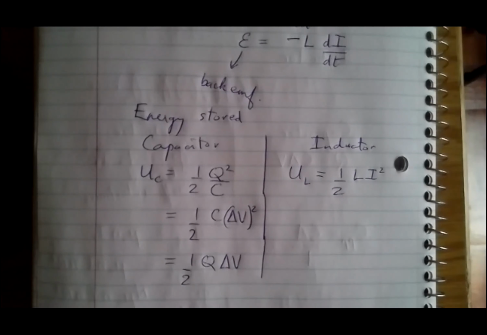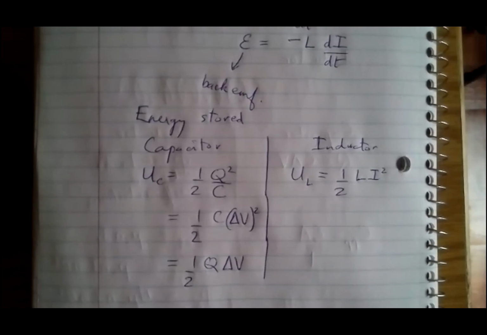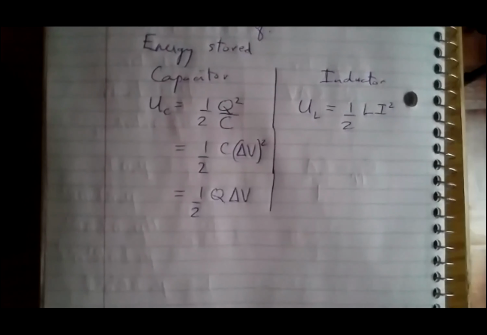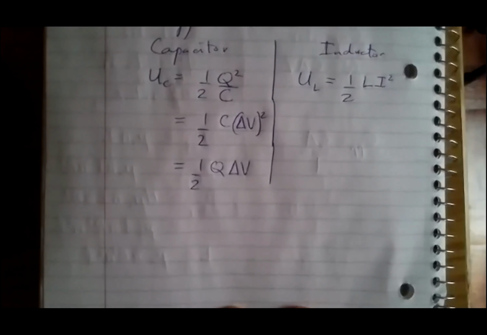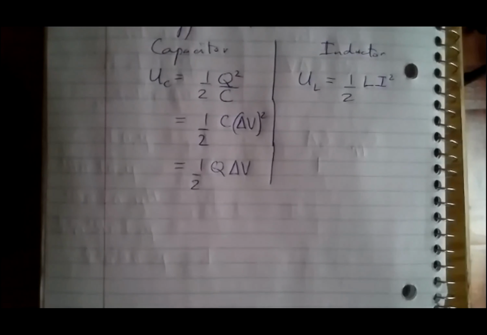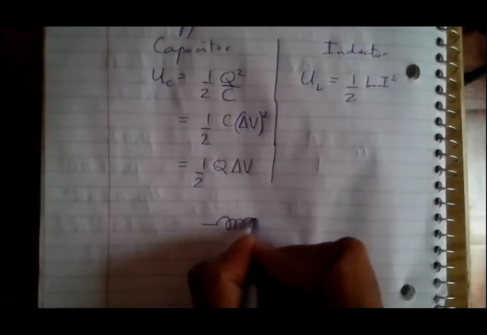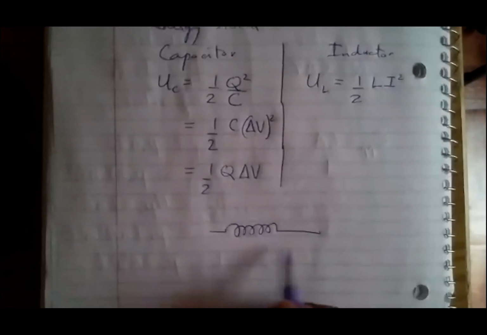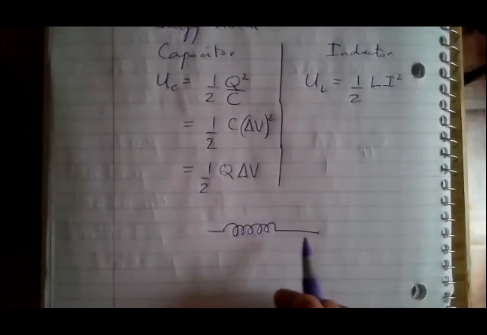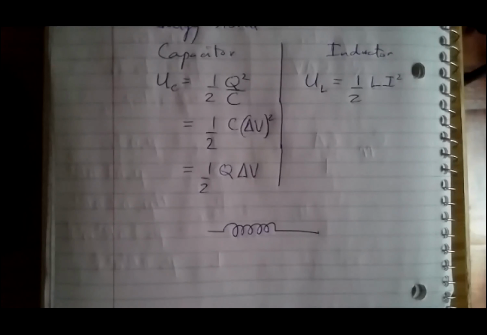Okay, so just like we talked about RC circuits, let's take a look at an RL circuit. But to do that, we need to know what the Kirchhoff rule is for an inductor. So the circuit symbol for an inductor is just a springy symbol like that.